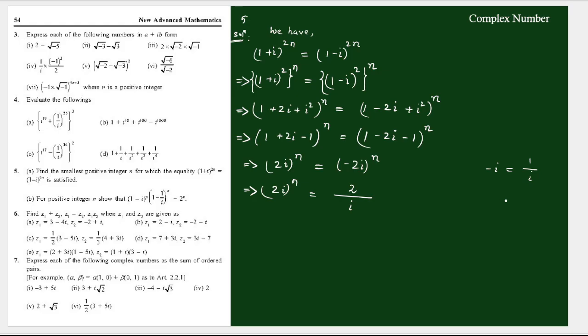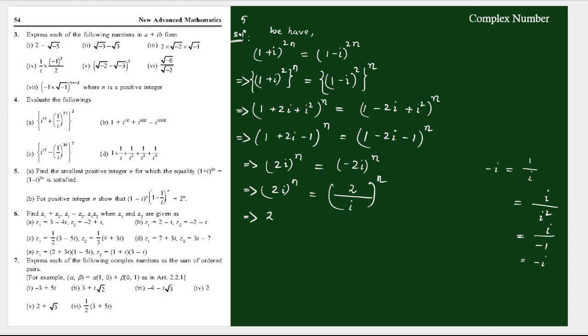And what can we do with this? I square, right, I on top, then minus I is nothing but minus 1, so this is nothing but minus I. So for minus I, we can do it like this, 1 by I. Now this will be 2 to the power n, right?